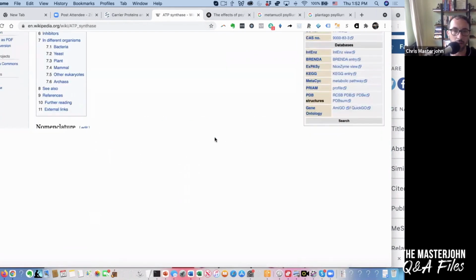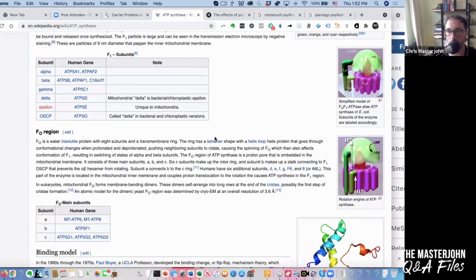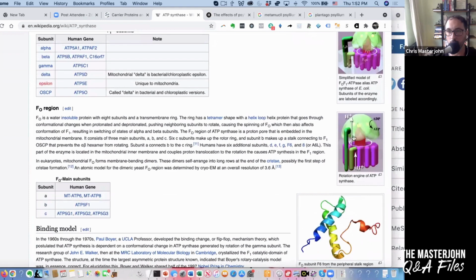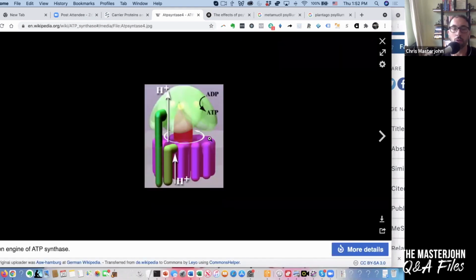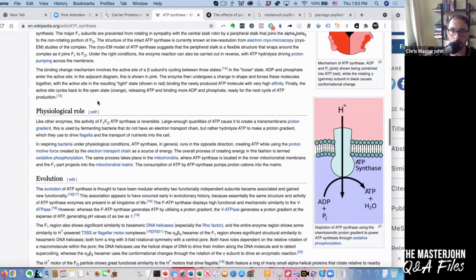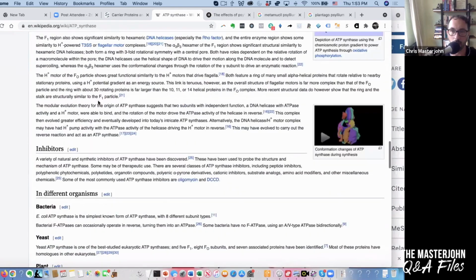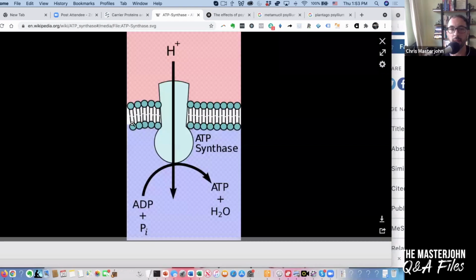So let's complete the analogy to the hydropower plant with this. So what's happening here is that you're in the respiratory chain. All right, just for the sake of time.